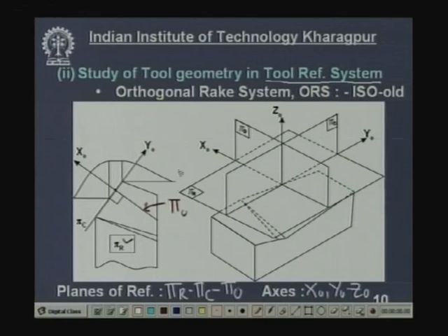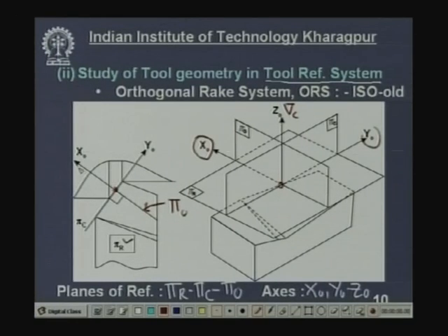Now, if we try to visualize these 3 planes along with the tool in 3D, this will give a better concept. This is the cutting tool, as you see, and this is the point under consideration. This is the velocity vector, which is nothing but the z axis, ZO, and this is YO, Y axis, and this x axis is shown over here.